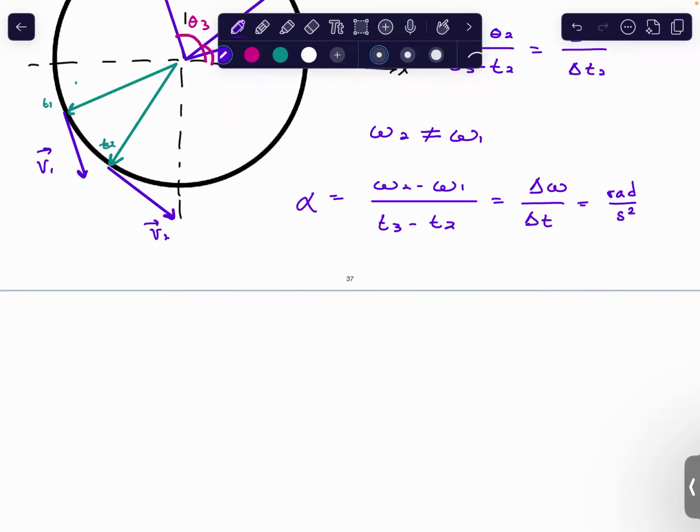At this point, our tangential acceleration is the rate of change of velocity, and you can make this a scalar equation. And don't forget, this is tangential velocity.